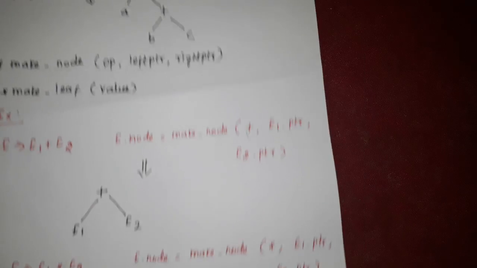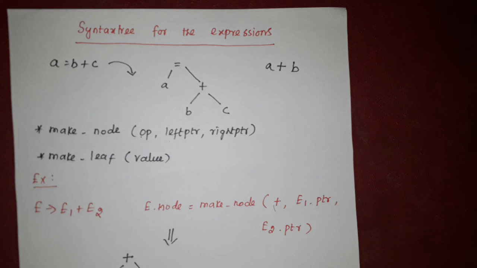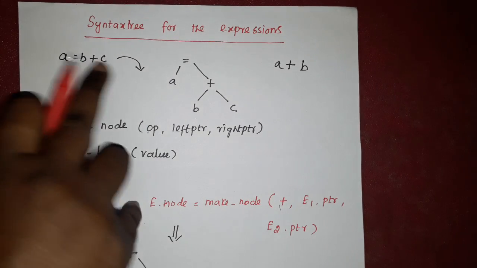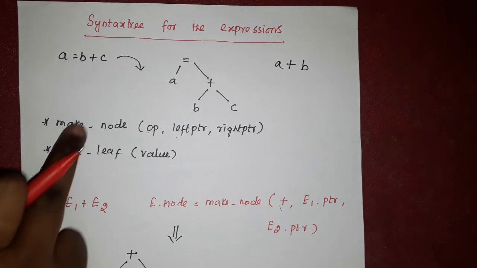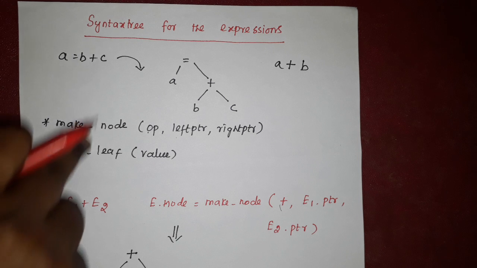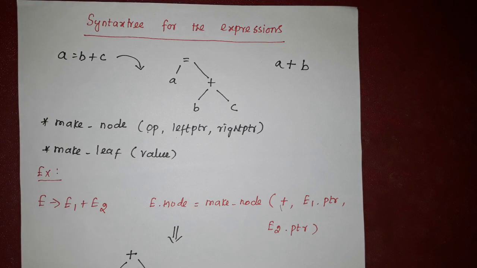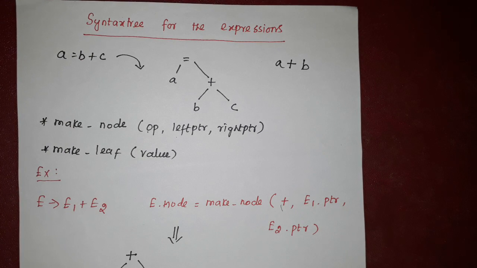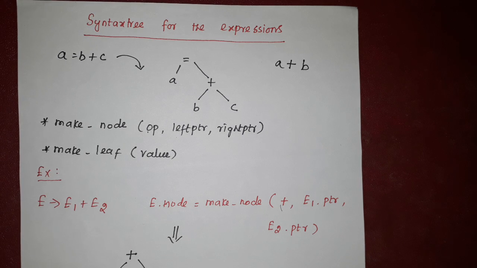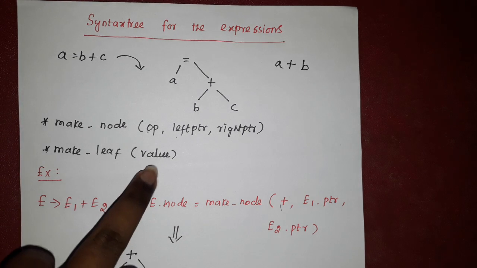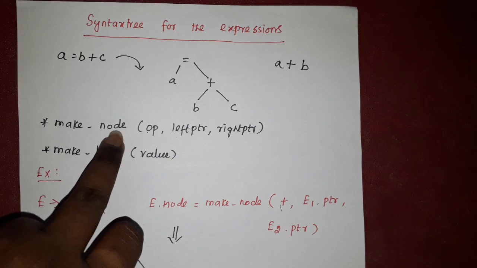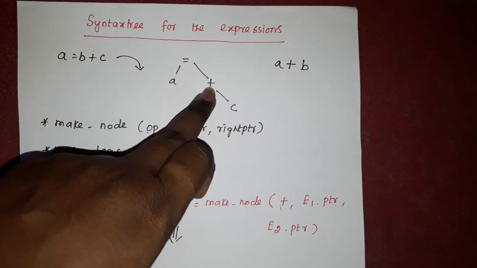So the syntax tree is a simple concept. We can construct the syntax tree for any expression directly by using some functions. We construct the syntax tree with only two functions. One is make node and the second one is make leaf. A leaf is nothing but a simple value, so we can directly specify the value. But a node we create for a particular operator.